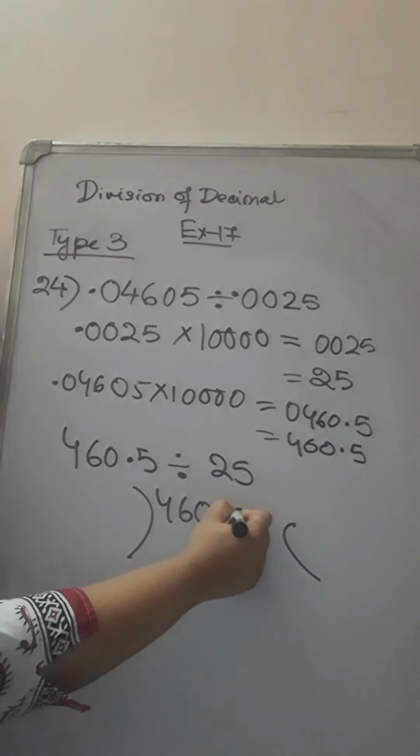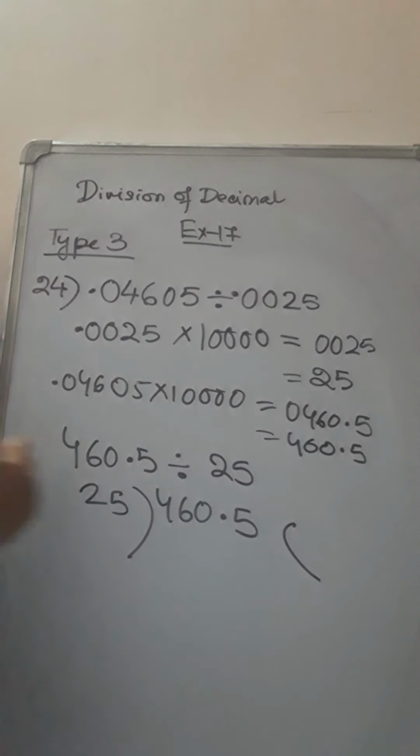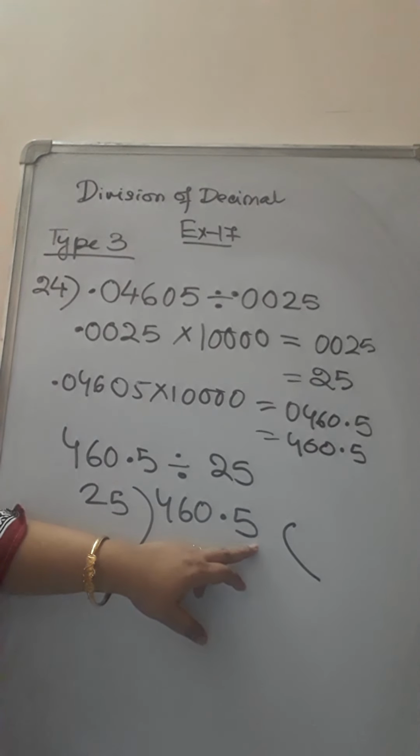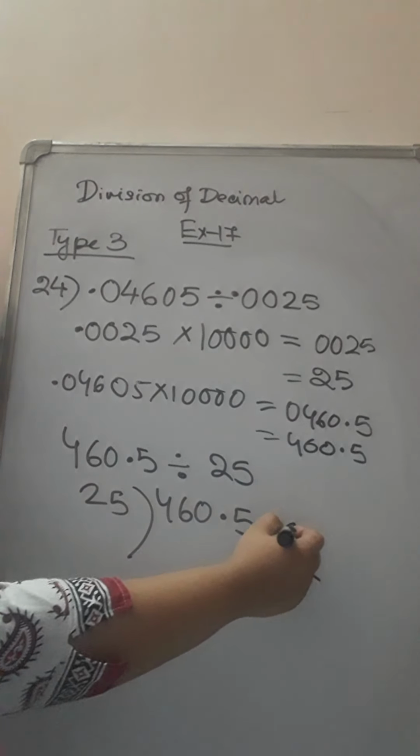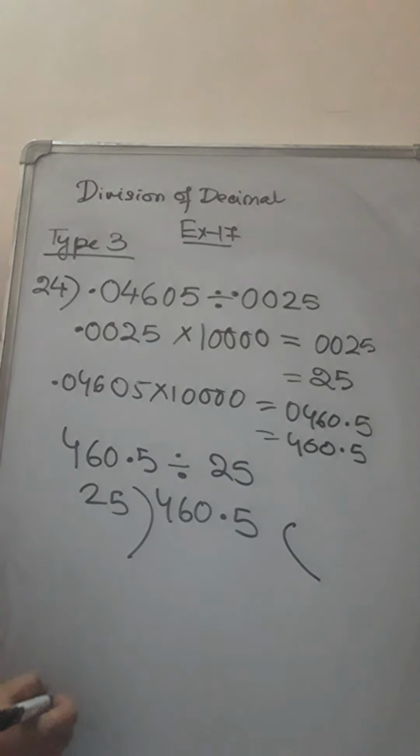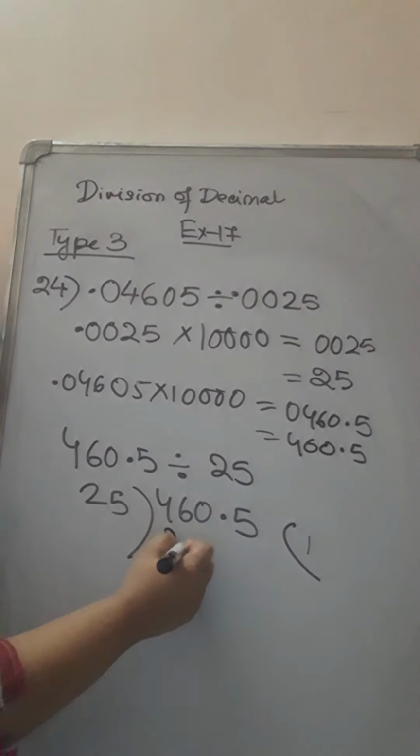So simply, without thinking of the point, you will divide the number by 25, and afterwards we will place the point in the quotient from the knowledge of where the point is in the dividend. 25 twos gives you 50, a greater number, so we take 25 ones.